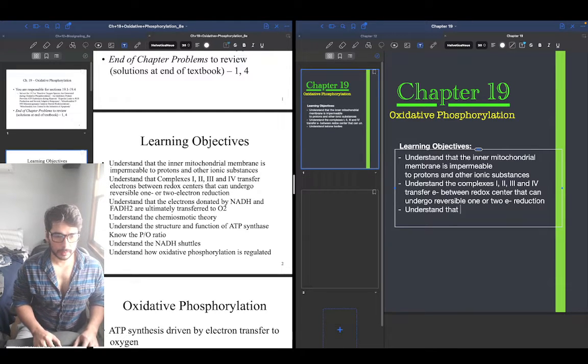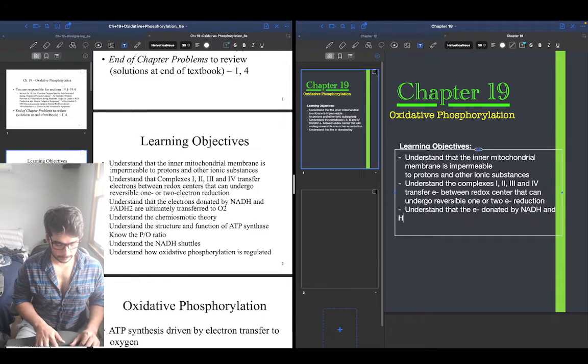Understand that the electrons donated by NADH and FADH2, I wonder if anybody ever calls it by its actual full name, are ultimately transferred to O2.